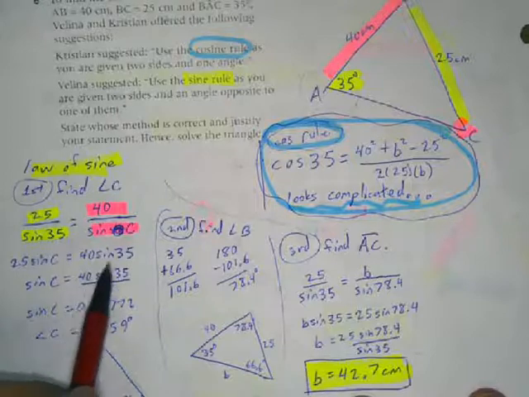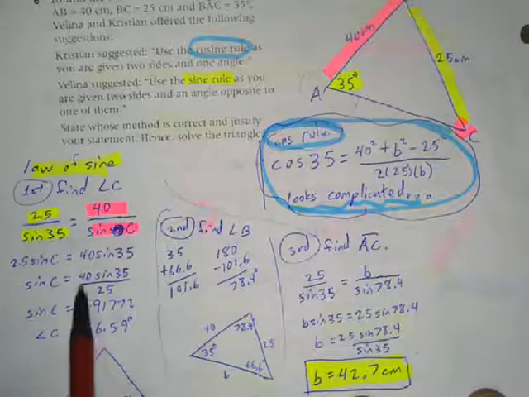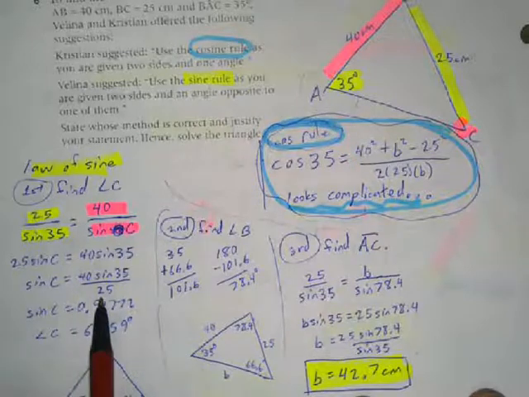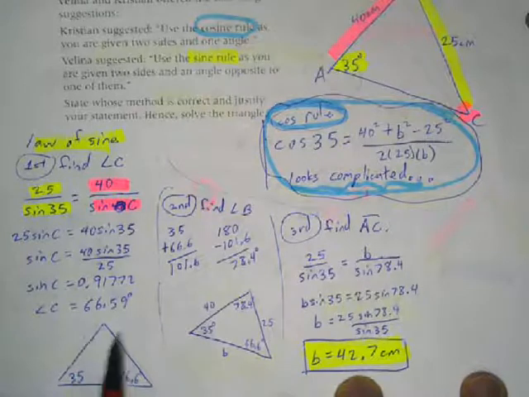And then the next step is I divide by 25 on both sides. The 40 sine 35 divided by 25, I get this decimal. And then I hit second sine on this decimal, and then I get 66.59.